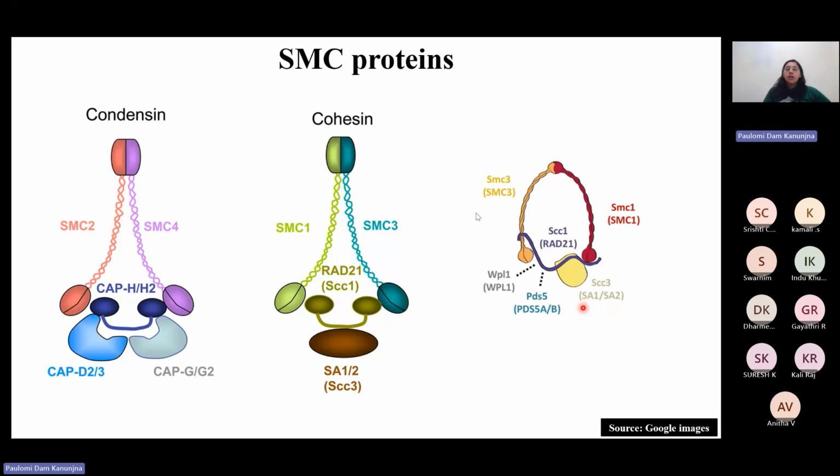Okay. Now, just for your revision, once again, the cohesin complex has SMC 1 and 3, as you can see here. Yeah, it looks like too much, but just bear with me. So cohesin has 1 and 3, and you have these other proteins, SCC1 and SCC3, which are basically giving the structure. What you need to remember is the function of these proteins. They hold the sister chromatids together after replication.